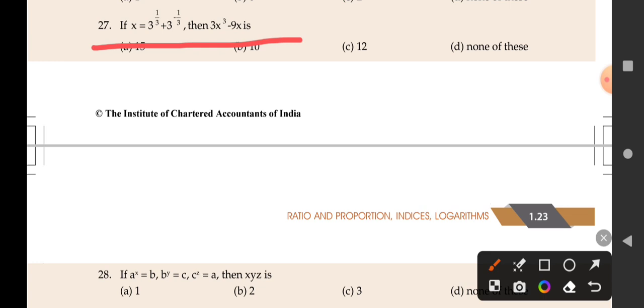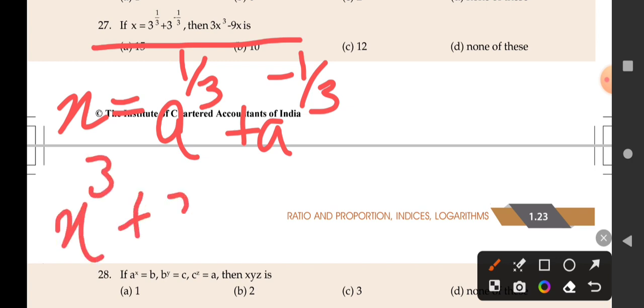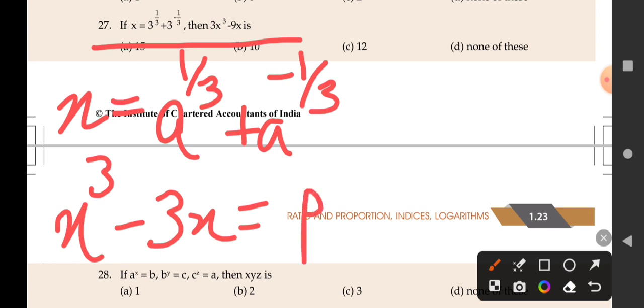Again I will remind you the formula: when x is equal to a power 1 by 3 plus a power minus 1 by 3 is given, and you are asked x cube minus 3x, then the answer is p plus 1 by p.